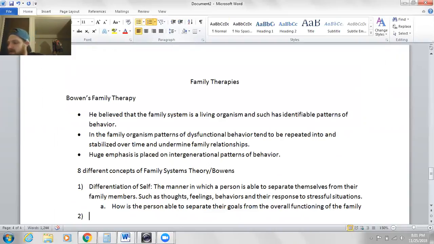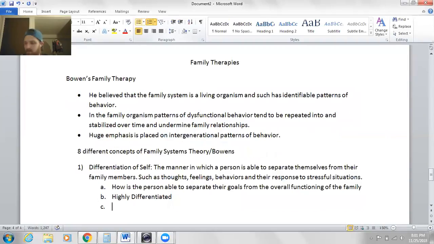With that, there are different categories: highly differentiated and poorly differentiated.